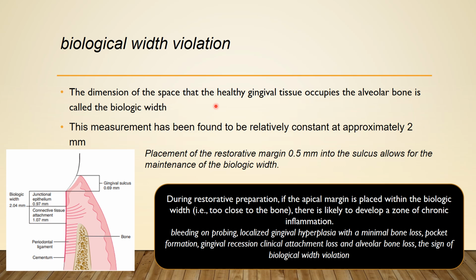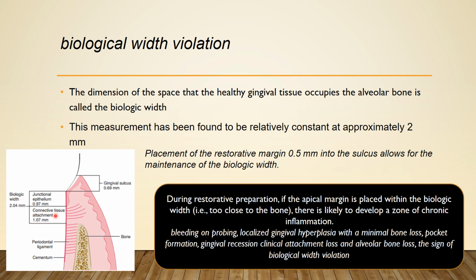This is the dimension of space that the healthy gingival tissue occupies above the alveolar bone. The healthy tissue which gets occupied in relation to the coronal portion of bone is called biological width. As you can see in this picture, it constitutes the junctional epithelium and connective tissue attachment.